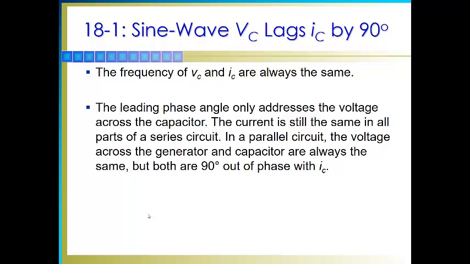So the same principle applies when we have capacitors in series and capacitors in parallel. In series, the current is the same in all the components. In parallel, the voltage is the same in all the components. But always remember that the voltage and the current are always 90 degrees out of phase.